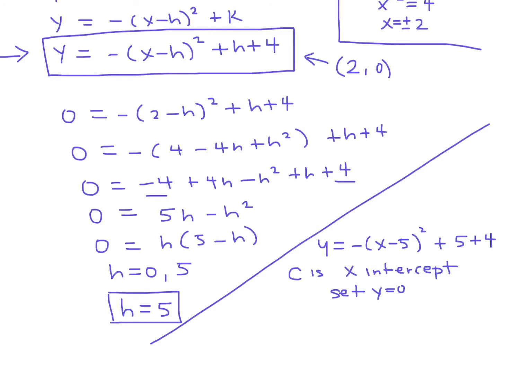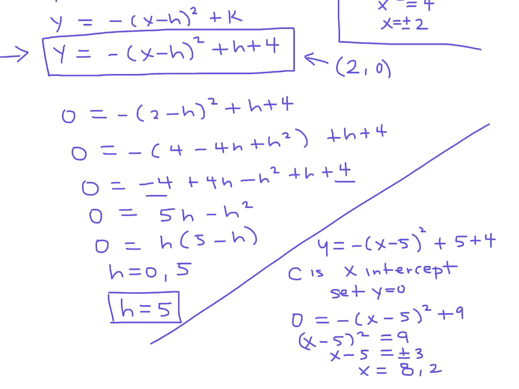And that will be able to give us the coordinates for C. So 0 = -(x - 5)² + 9. That means (x - 5)² = 9, and therefore x - 5 = ±3.